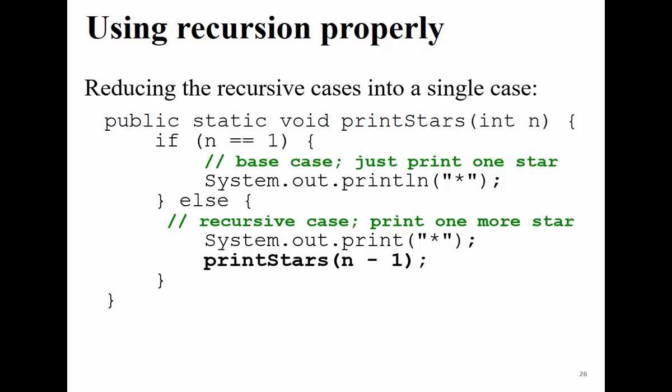You can see now I'm calling print star with n minus 1. So if I start with n equal to 4, then n minus 1 will be 3. So the argument goes 4, 3, then 2, then 1. With each recursive call, I'm reducing the argument until I reach the base case. So each recursive call makes progress toward the base case.